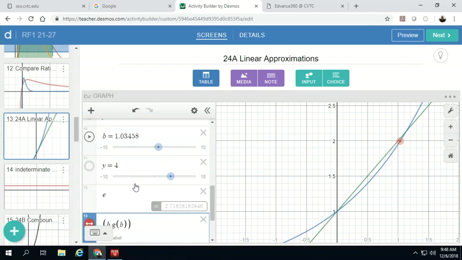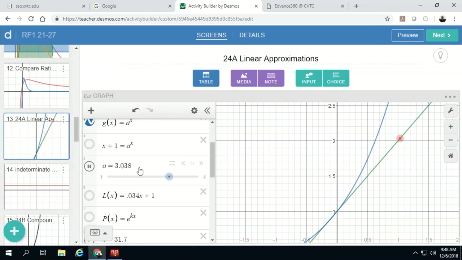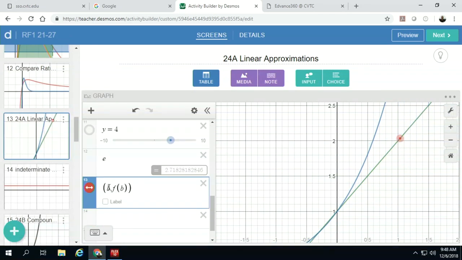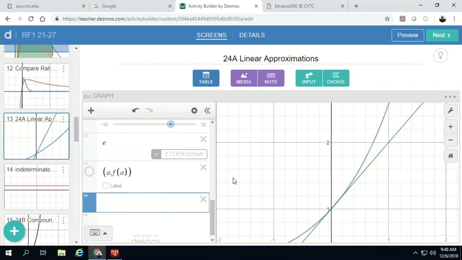Let's take F of B. No, that won't do it either. I'm trying to get where those two intersect, and I can't. Can't I graph A, comma, F of A? There we go. Nope, can't do it that way either. I'm trying to show you where these two lines cross, and I can't get it to show up right now.